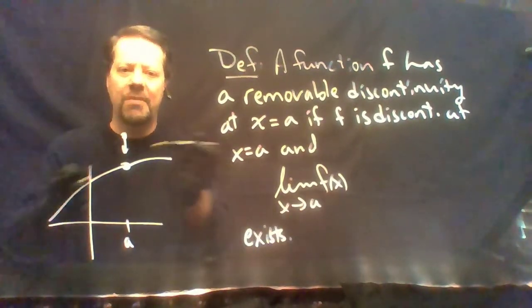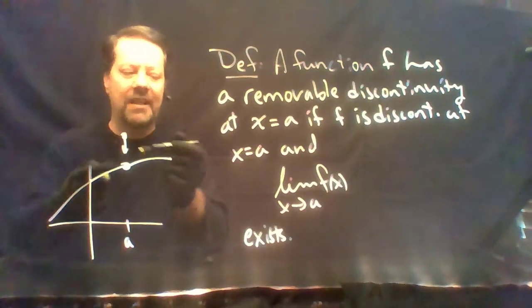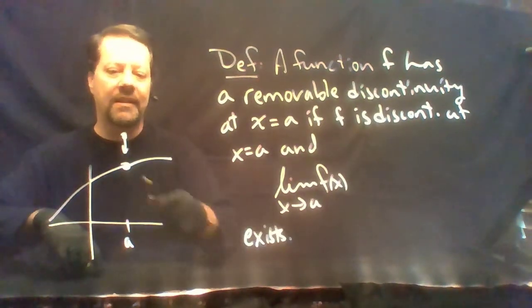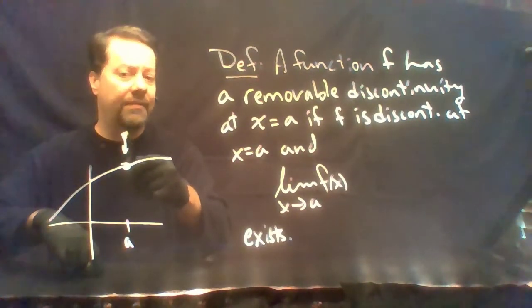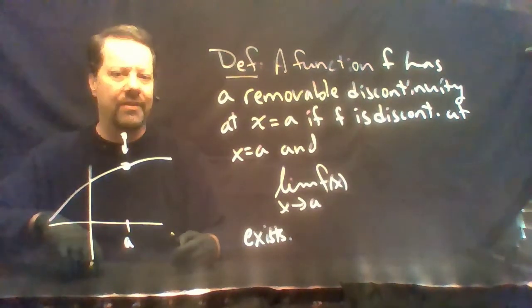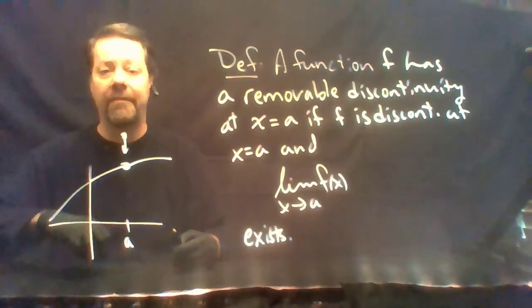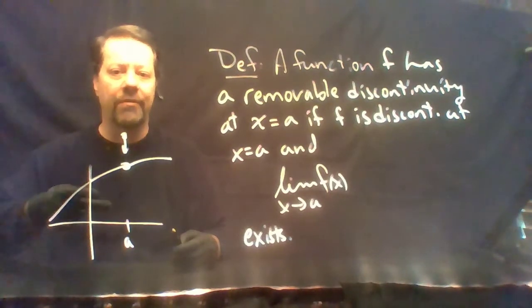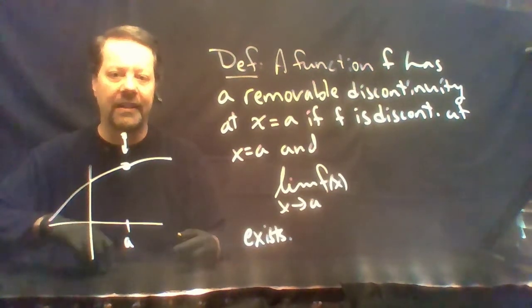So you get both the left and right limit to exist and be equal to each other. It's just that the function value is either undefined or the function value does not equal the limit value, violating either steps 2 or 3 in the definition of continuity.